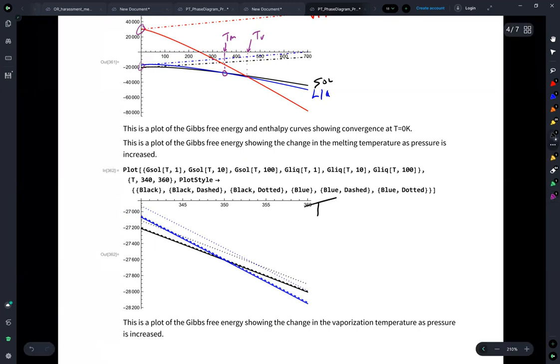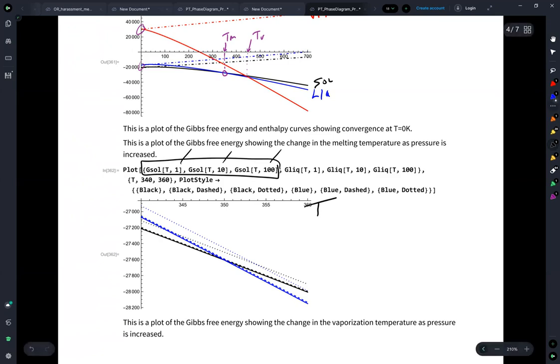This is the temperature. And I've plotted here the solid. I'm doing a solid in black. So the solids at 3 different pressures, 1, 10, and 100 atmospheres.